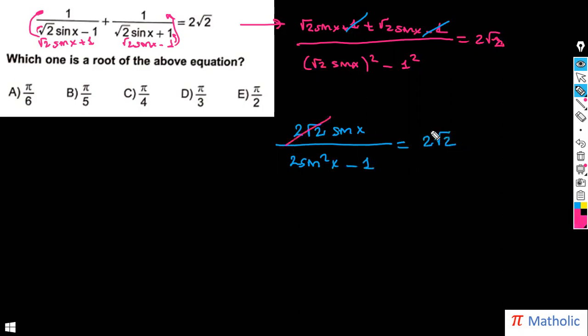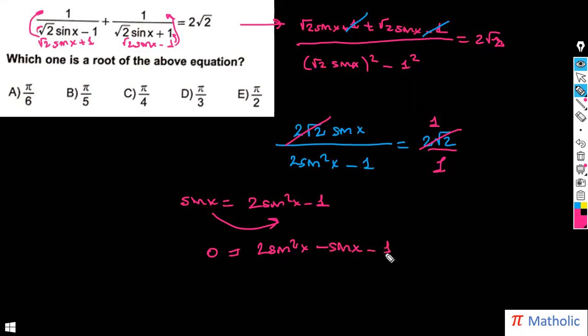Of course, we can simplify 2 radical 2, so 1 is left over here. Let's do cross multiplication. We'll get sine x equals 2 sine squared x minus 1. Let's kick this sine x to the other side. We'll get 0 equals 2 sine squared x minus sine x minus 1.